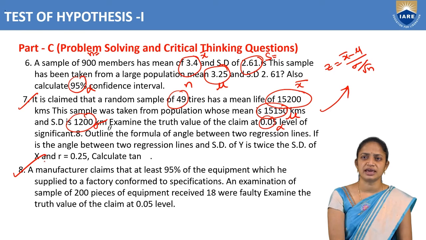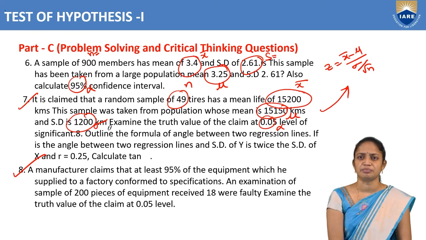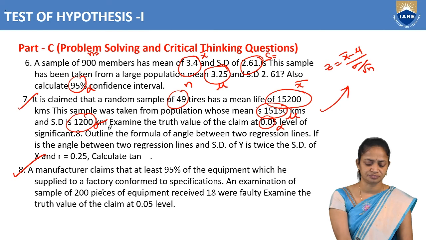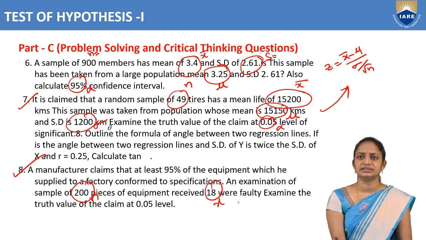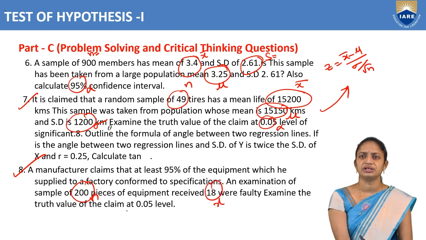A manufacturer claims that at least 95% of the equipment which he supplied to a factory conformed to specifications. An examination of 200 pieces, a sample of 200 pieces, means n value is given here, and 18 were found faulty. X value they have given. Examine the truth value of the claim at 0.05 level of significance, alpha value.